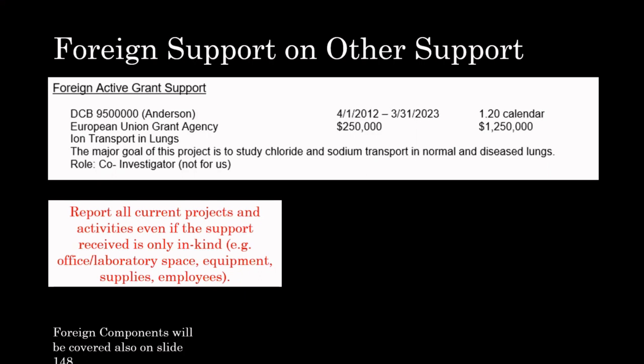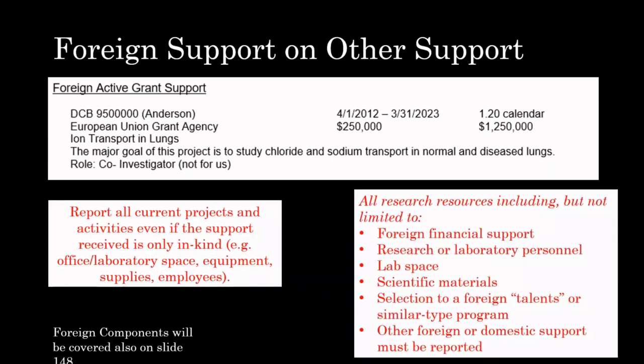But report all current projects and activities, even if their support received is only in kind: office, laboratory space, equipment, supplies, or employees. And remember here, it's always better to over-report than to under-report. NIH requires full transparency and full disclosure when it comes to any funding sources that a PI must or may have when it's regarding foreign support.